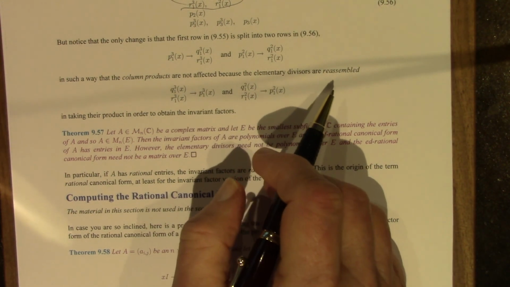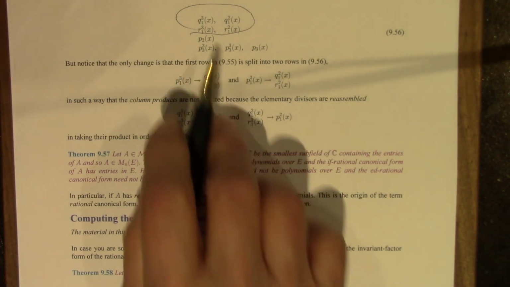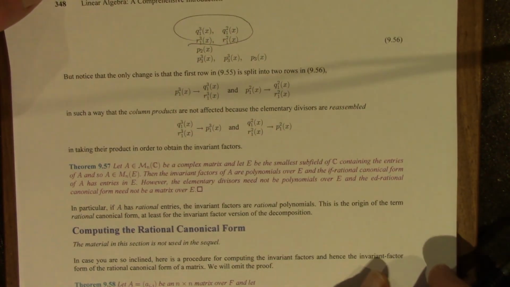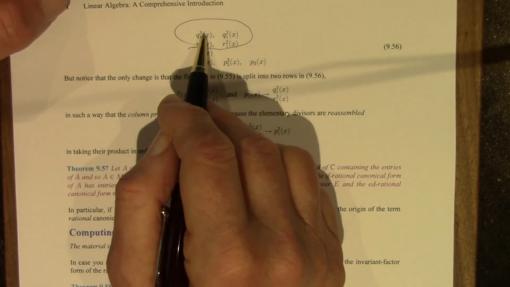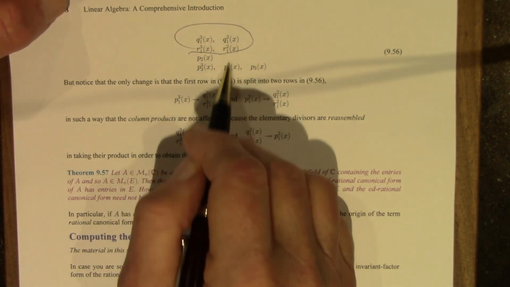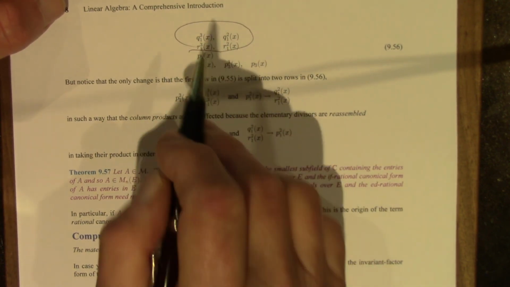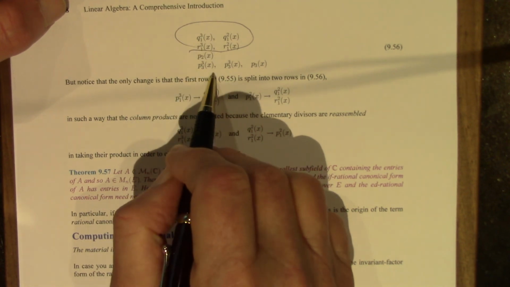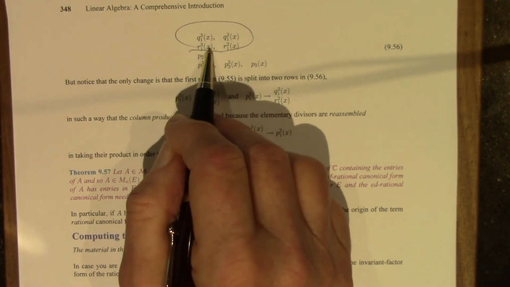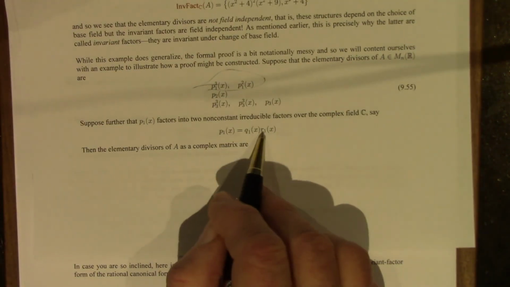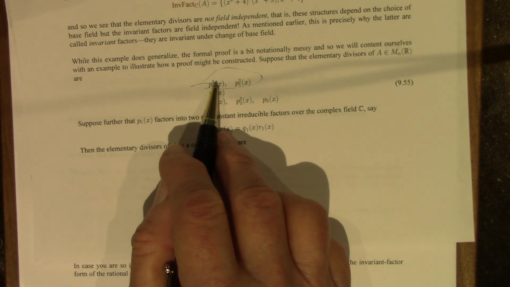So there is a definite change in the elementary divisors. But the column products are not affected. In other words, the invariant factors are not affected, because when you take the product of the polynomials in this column, the product of the first two gives you back P1 of x cubed.